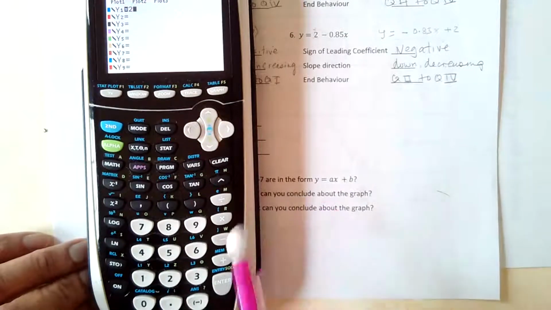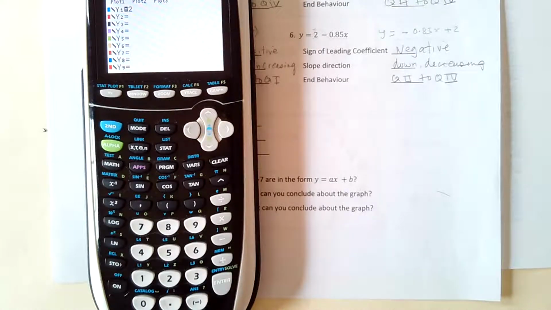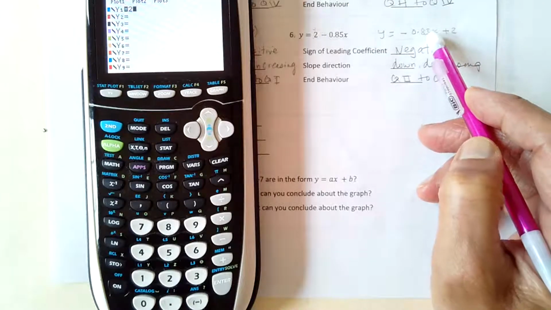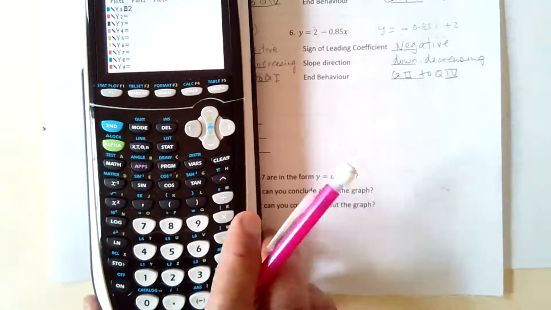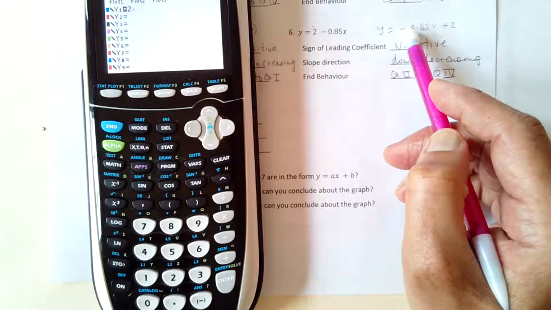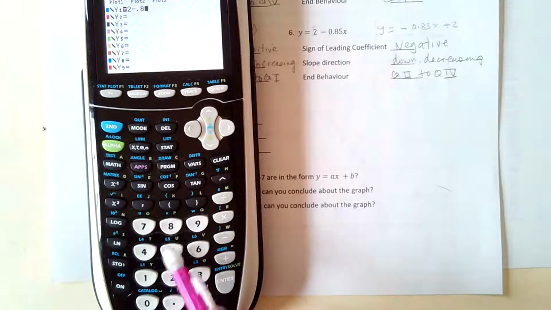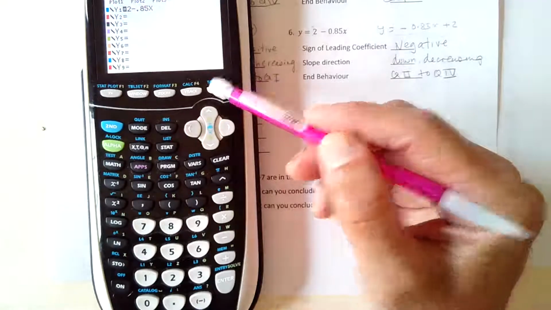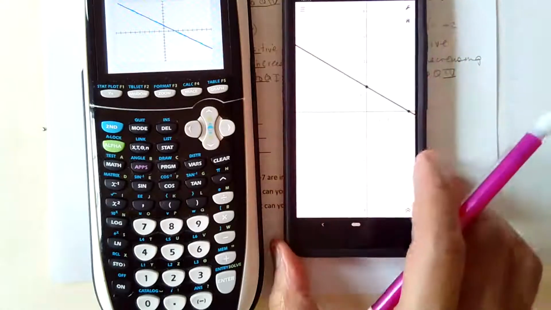You can use a subtract sign. That's a slight difference from what you were doing before. If it's a leading coefficient in front of the x, the slope, then you have to use the negative at the bottom. But because it is not at the front, you have to use the subtract sign. So 2 subtract 0.85x. Be careful on these, and then you press your graph button. Which is the same as what we have here, right?